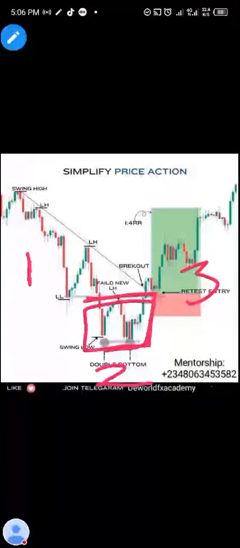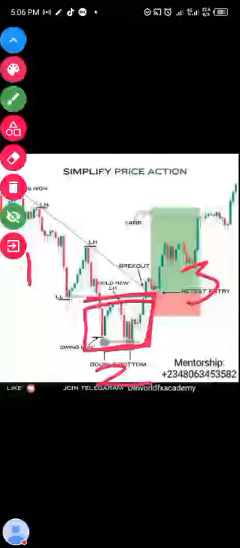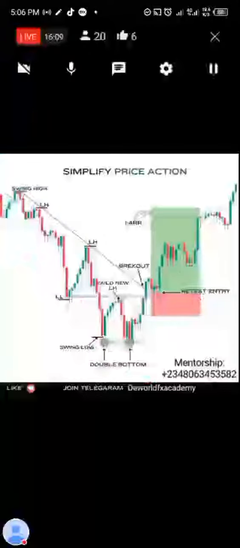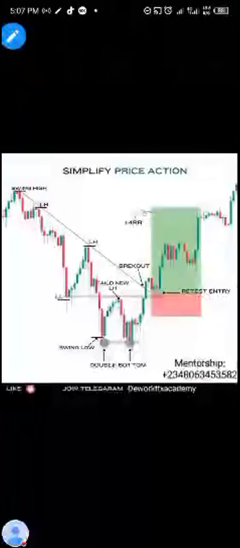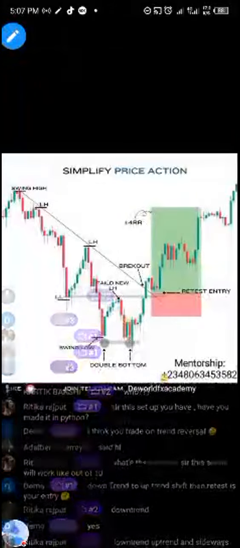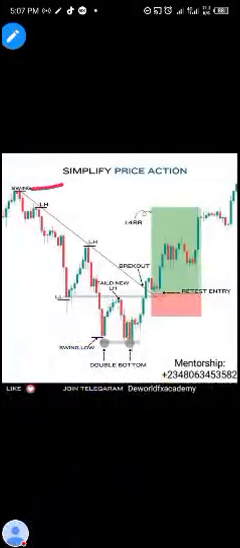And when it is trending down, there will be some structures that you need to identify the trend. Now, what are the structures? Here, the market has an overall high, the swing high. But after that, it has a low. This next high is lower than the previous high, which is this one. After that, it made another high, but that high is lower than the previous one.